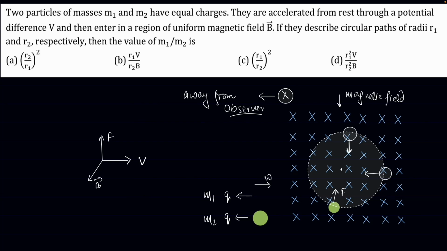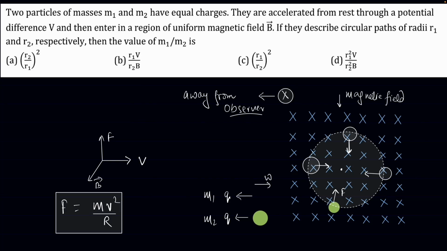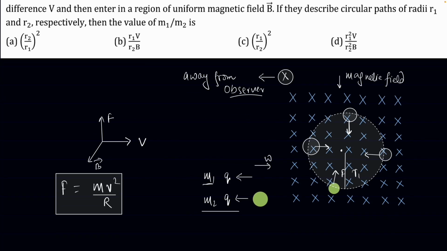And this force which is acting on the charged particle is a centripetal force. So F is equal to m into v square by r. According to the question, if the mass m1 is moving and forms a circular path, that time the radius is r1. And similarly, when the mass m2 passes, it will form a radius of r2.